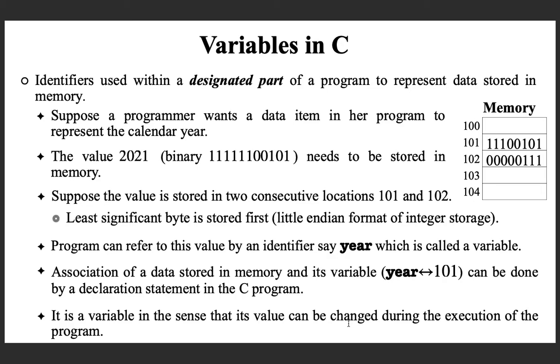Suppose the program is executing, the time progresses, and it just crosses 31st of December that year, then you have to increment that value by 1 because the next year is going to be 2022. That you can do in a program, and thus variable is the right name because the value can be changed during the execution of your program.